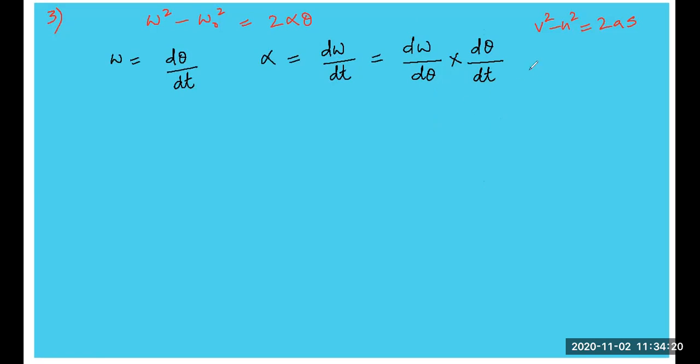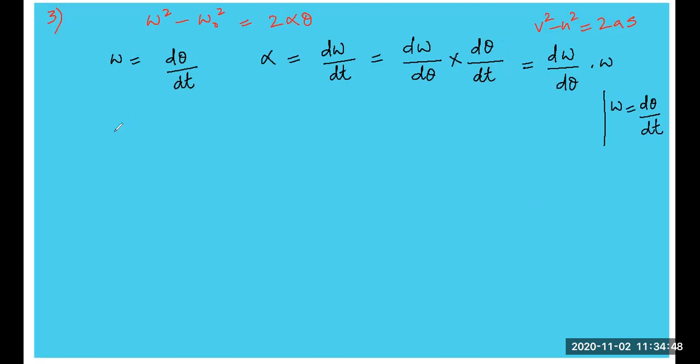Okay. But this is equal to, students, you see, d theta by dt is what? Rate of change of angular displacement with respect to time is angular velocity. So this is omega. I can say this is d omega by d theta into omega, because angular velocity omega is equal to, we know, d theta by dt. Very right.